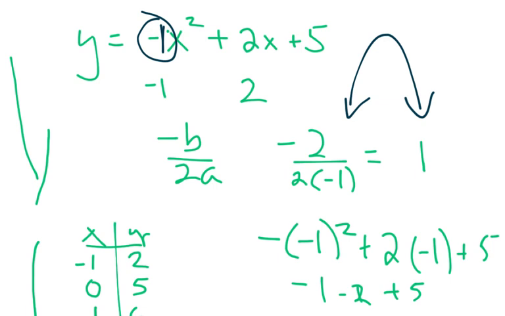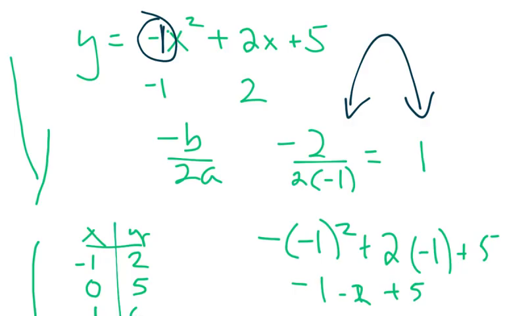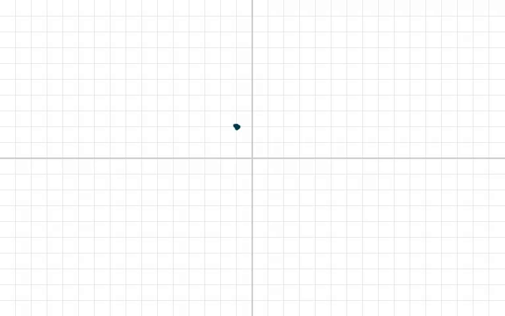So let's go ahead and plot this on our table. All right, here we go. For our table, it's negative 1, 2. At 0, it is 5, so it's right here.